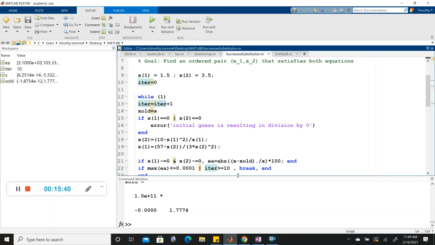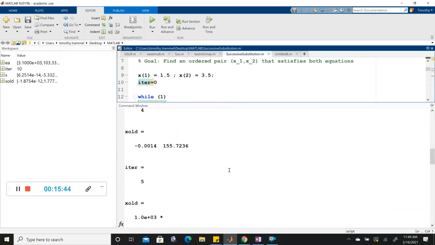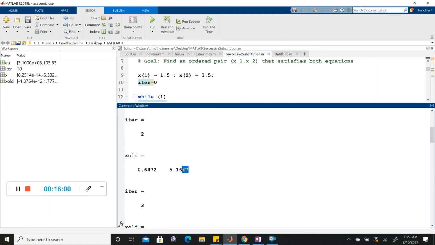And so what you can see is all the generated x's. Let me scroll up to the top here. On iteration 1, we just started off with that initial guess, 1.5, 3.5. And then on iteration 2, we get this. So it looks like we're getting further and further from the actual solution.